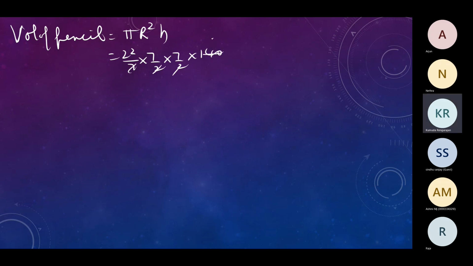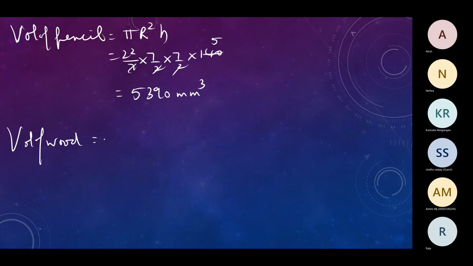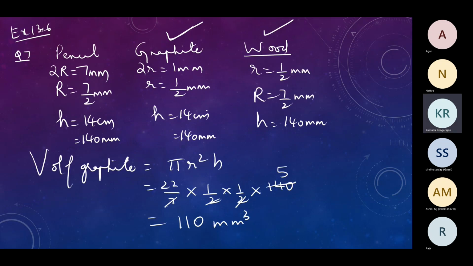So 5 times 49 into 110, 9 into 110, 5390 millimeter cube. So volume of wood is equal to 5390 minus 110.